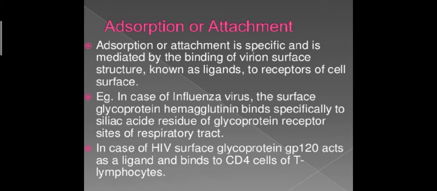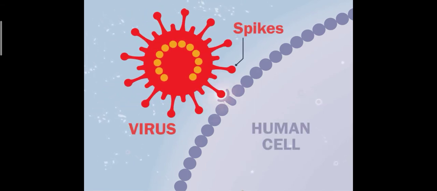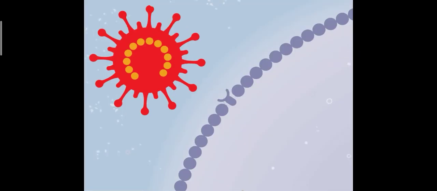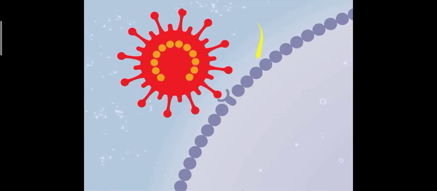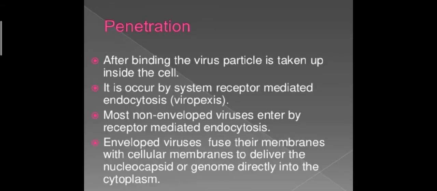First they need one host cell to attach to. Then after attachment, see, a particular virus attaches to the particular receptor with the help of the spike proteins, the glycoproteins, like this. You're observing, right, the virus is coming and binding to this particular receptor. Then what will happen? Penetration, it will enter. After binding, the virus particle is taken up inside the cell.